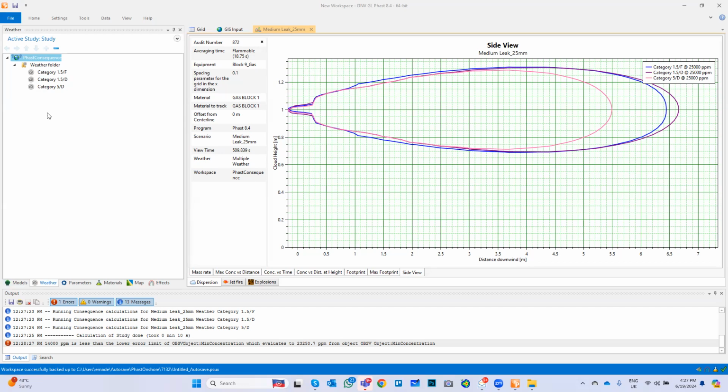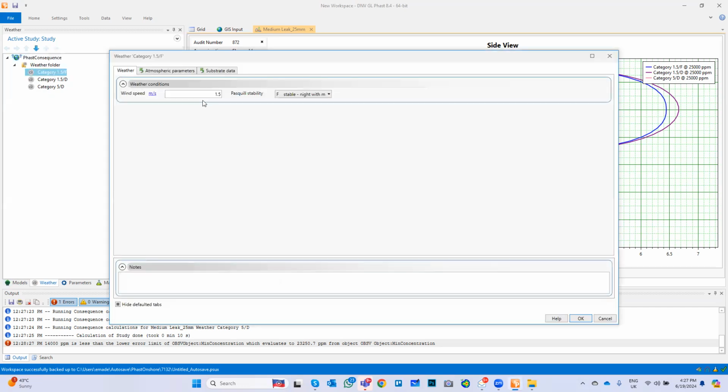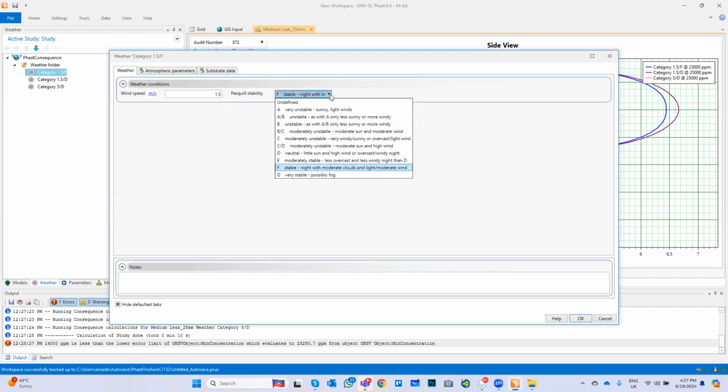Here we have the weather tab. By default, you will see three categories. In each category, you have a specific wind speed and the stability factor. And the stability factor depends on the guideline and the preference in your operating company to be applied.